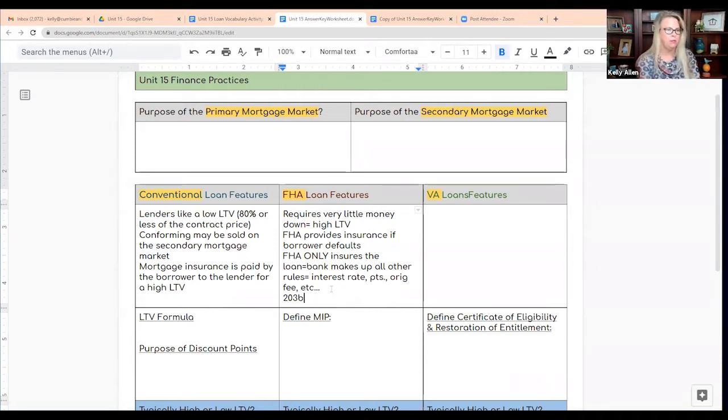It's the most popular. And it applies to residential 1 to 4 unit property loans, including manufactured housing. That's great. You can get a fixed rate loan up to 30 years. Let's see, the FHA provides the mortgage insurance. Oh, here it goes right here. Let's define that. So the MIP stands for mortgage insurance premium.